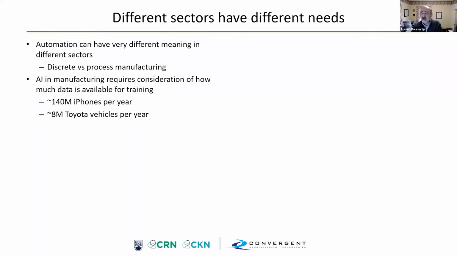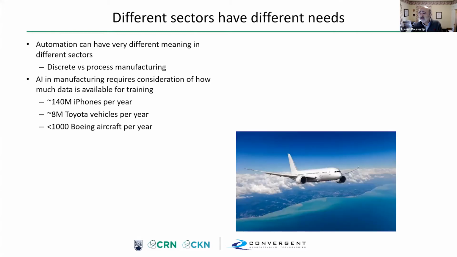If you look at Toyota, who build 8 million cars a year, well, they'll last for 6 to 8 weeks to give you 1 million data points. But if you look at Boeing, who build less than 1,000 airplanes a year, they'd be looking at 1,000 years to give you 1 million data points. So clearly, the AI approaches you're going to use in different sectors has to be really quite different.